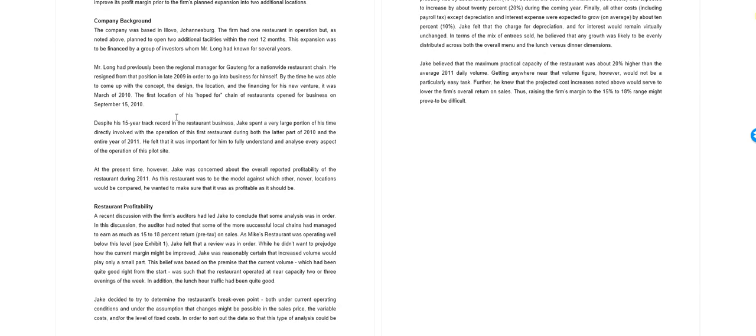Further down we see that, despite a 15-year track record, Jake has spent a large proportion of his time directly involved in the operations of his first restaurants, but he felt it's important to fully understand the financial operations of the business as opposed to only the operations. So this is obviously a financially based case.